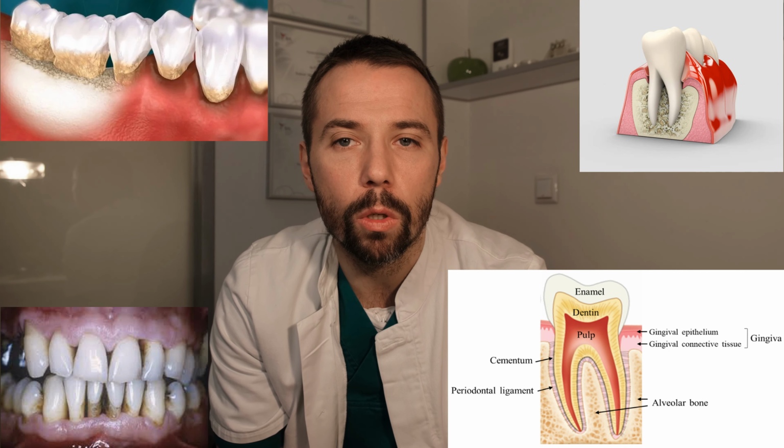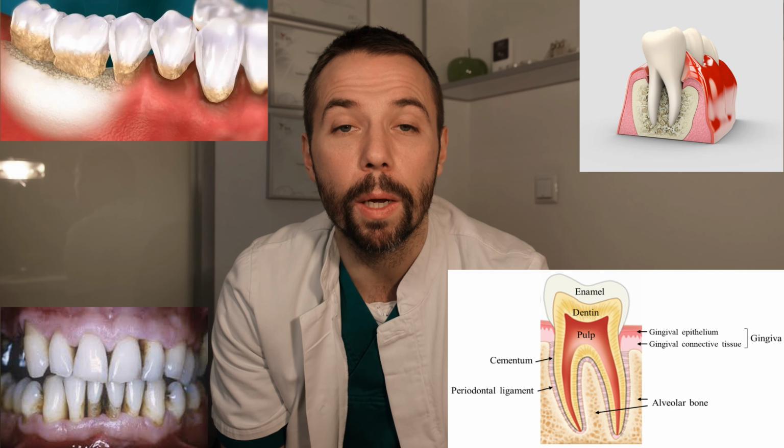If gingivitis persists for a longer period of time and there's a constant infection around it, then it's not only the soft tissue that is involved anymore. It can spread further and cause damage to the surrounding periodontal and bone tissue, and cause what you may already know as periodontitis.